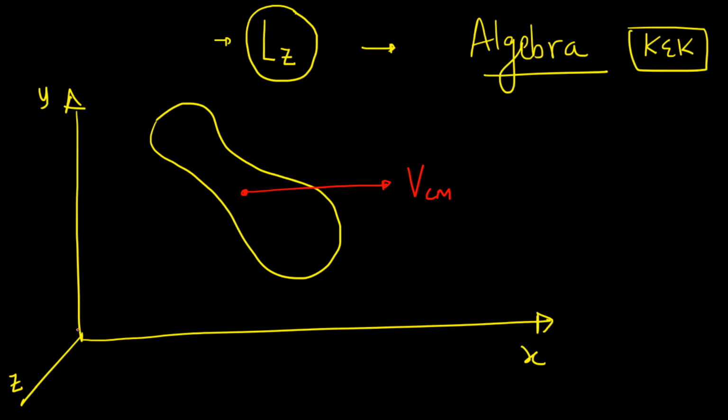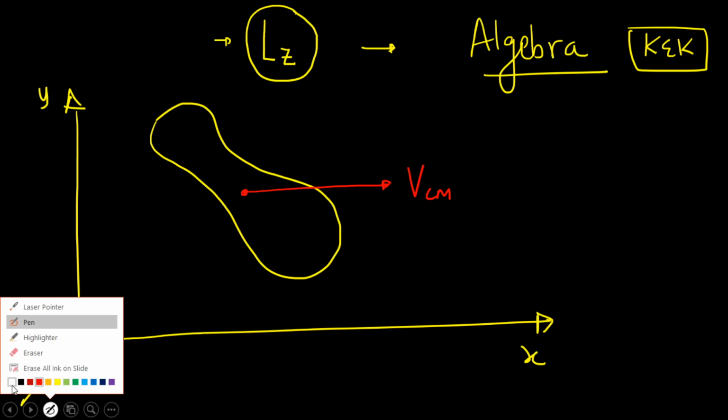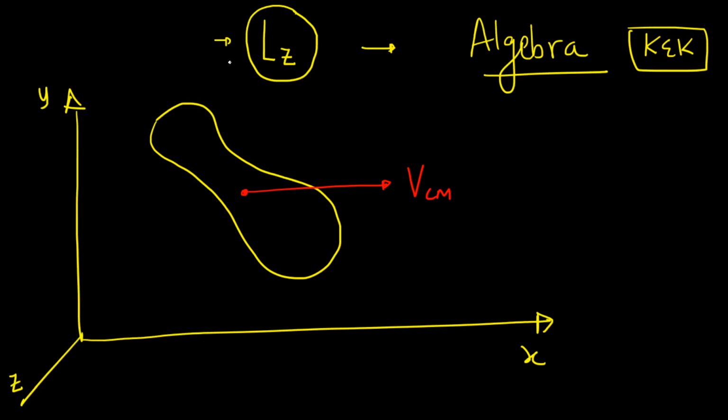So let's say I didn't know that. Then the other thing that you need to tell me is what is the pure rotation that you observe from this frame of reference.